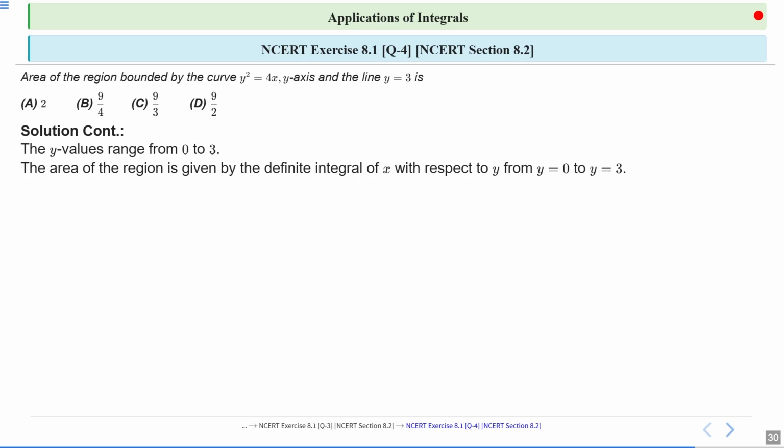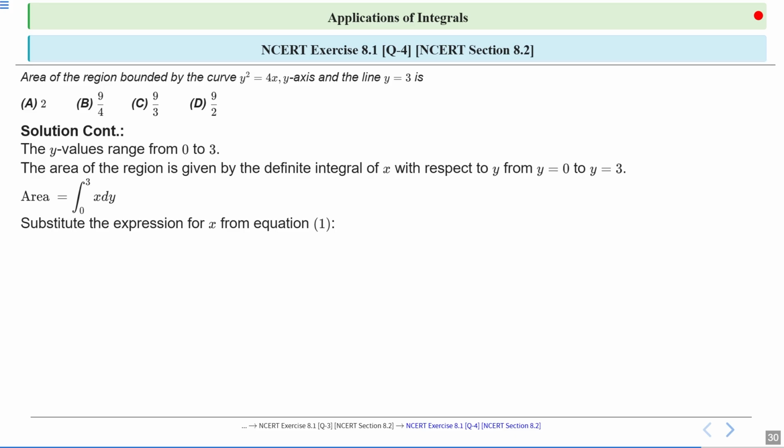The area of the region is given by the definite integral of x with respect to y from y is equal to 0 to y is equal to 3. If we show in the graph, the limit for y is y is equal to 0 to y is equal to 3. So area is equal to integral from 0 to 3 of x dy.